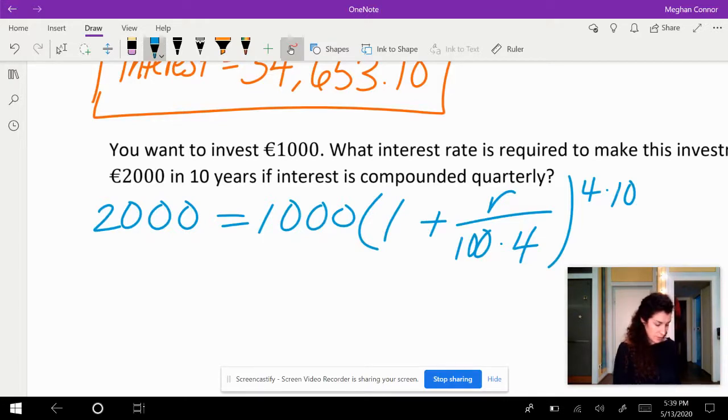Compounds are 4. So then I get to scroll back up to the interest rate and press enter on that guy. And that should give me an interest rate of, double checking, yes, 6.99%.